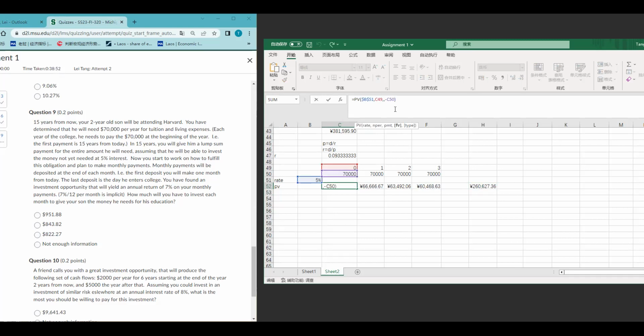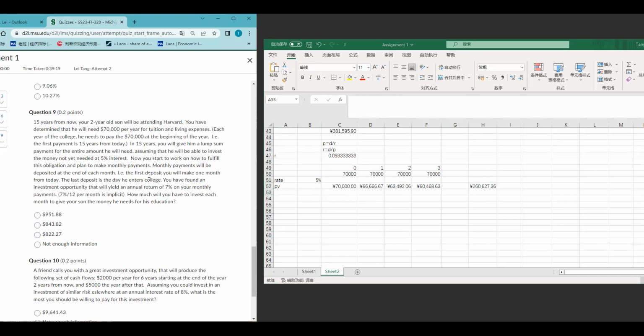Here's the total money. Here's the present value of the total money we're going to pay in 4 years. And we know the total money is here. The next step we're going to figure out is the PMT, right?